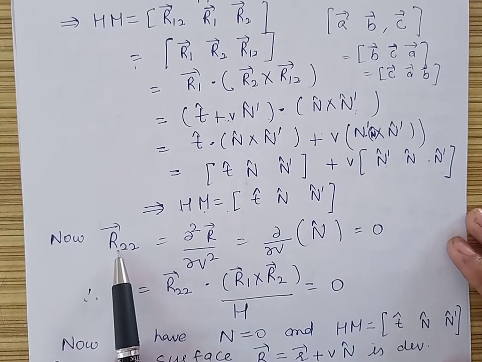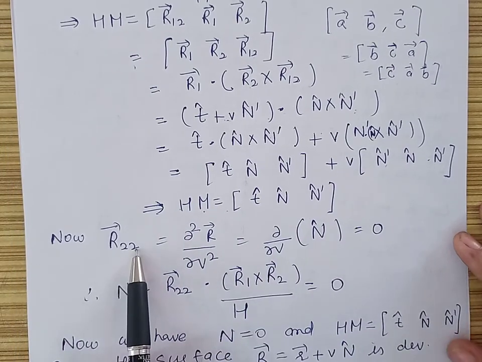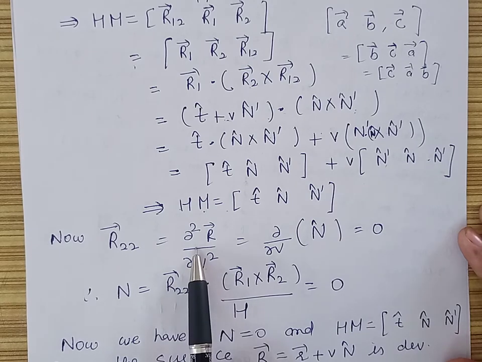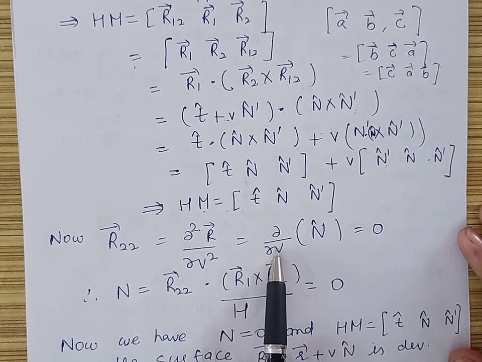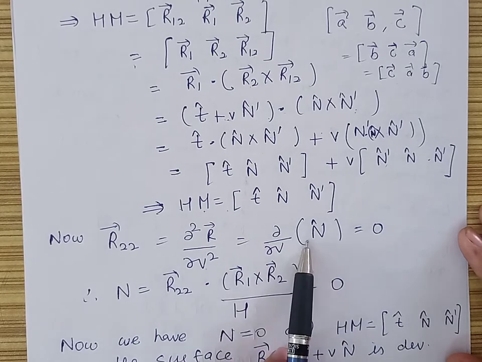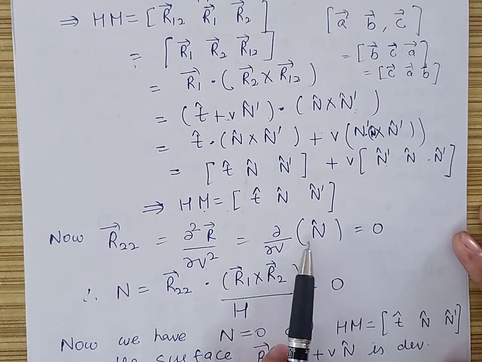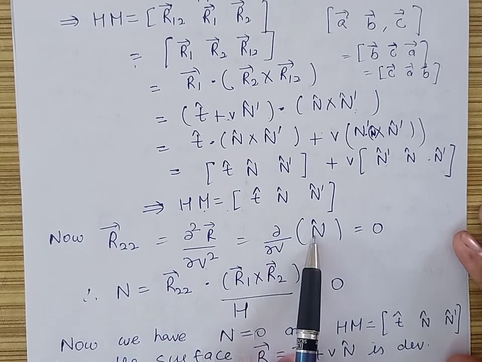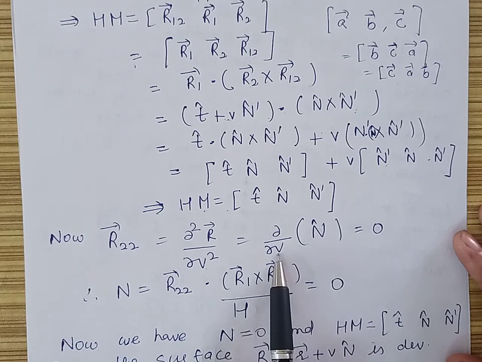Now let us find R22. R22 means second order partial derivative of vector r with respect to the parameter v. And this is further equal to ∂/∂v of ∂r/∂v. ∂r/∂v is vector n. So we have obtained R22 is equal to the partial derivative of n with respect to v.